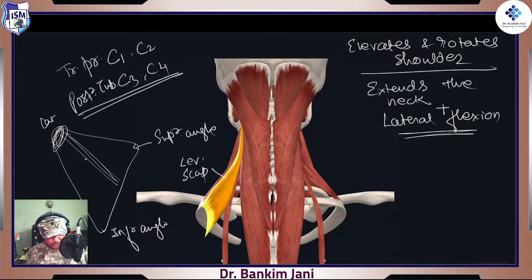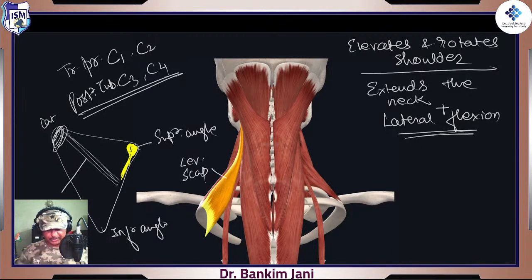This one would be the spine. Levator scapulae would be attached on this superior angle and this medial border, right? So the medial border above the spine. That's the area of levator scapulae.